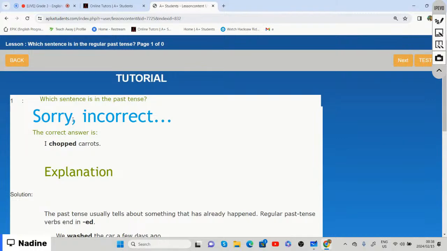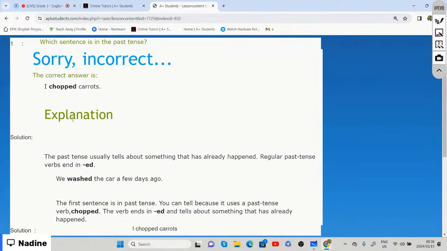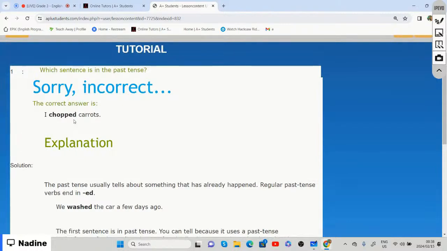So we need to say which sentence is in the regular past tense. It says, I chopped carrots. What is our regular past tense verb? I chopped carrots. We need to select the regular past tense.